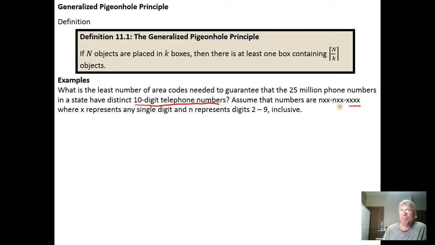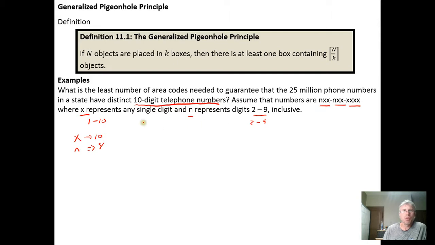So we get the pattern NXX, NXX, XXXX for our phone numbers. X represents the numbers 1 through 10, and N represents numbers 2 through 9. So X corresponds to 10 possibilities, N corresponds to 8 possibilities.